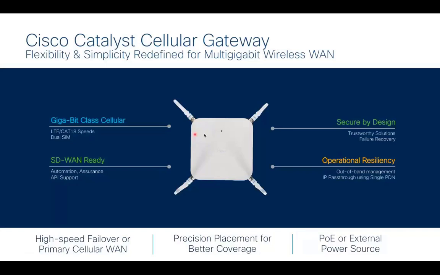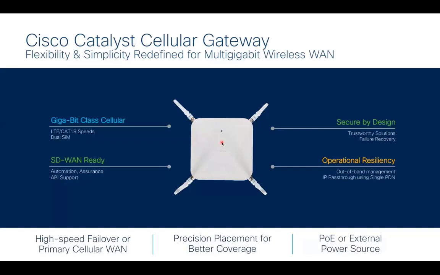This hardware supports dual SIM with improved speeds for LTE, and can be used as a primary or backup transport for the branch, with gig and multi-gig support on the service side. This hardware acts as an IP pass-through device, where the IP from the cellular provider is bridged to the router WAN interface connected at the other end.